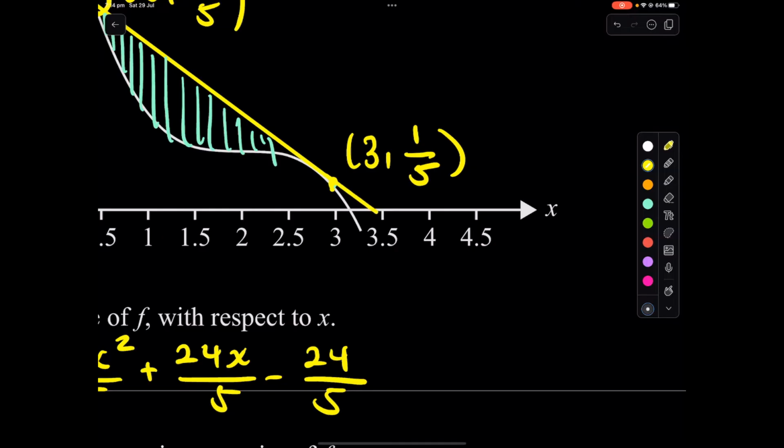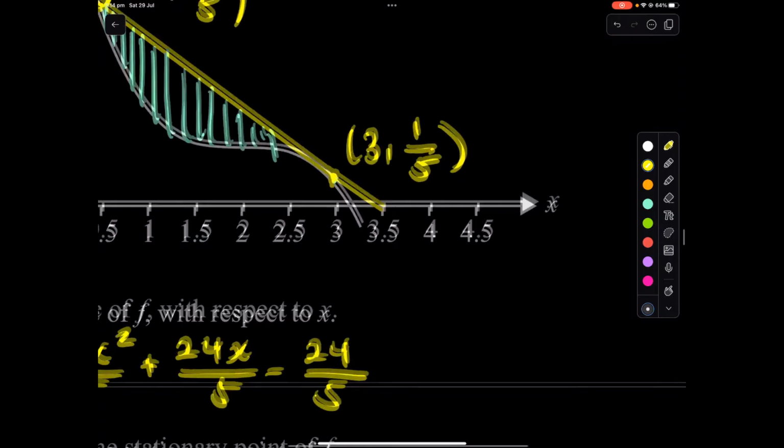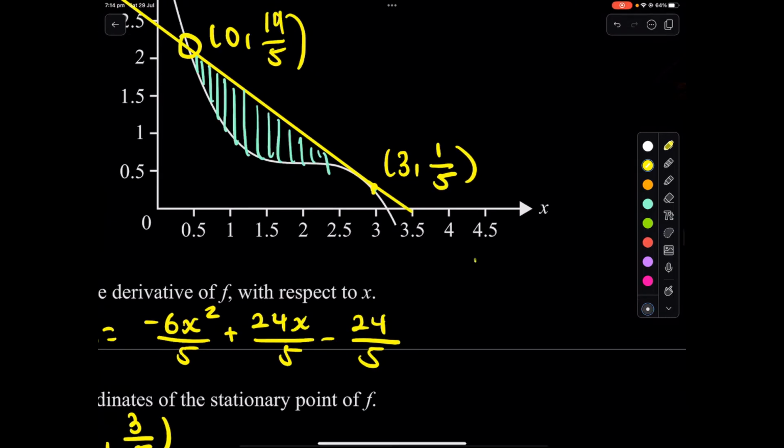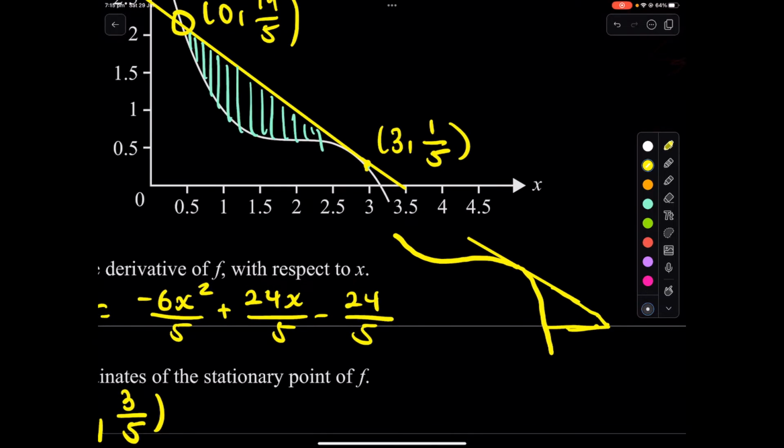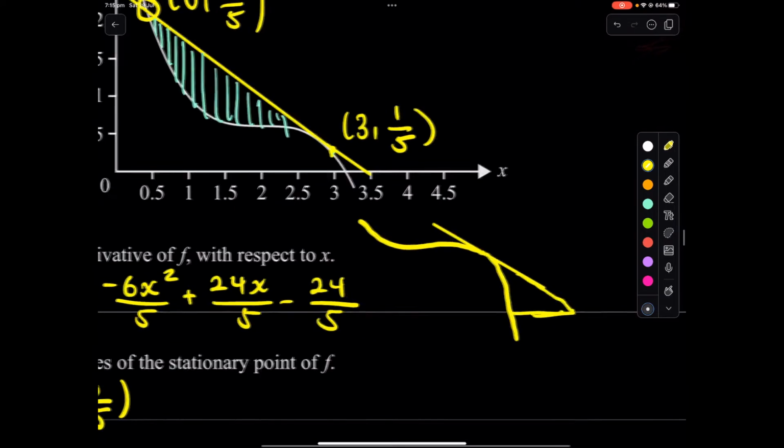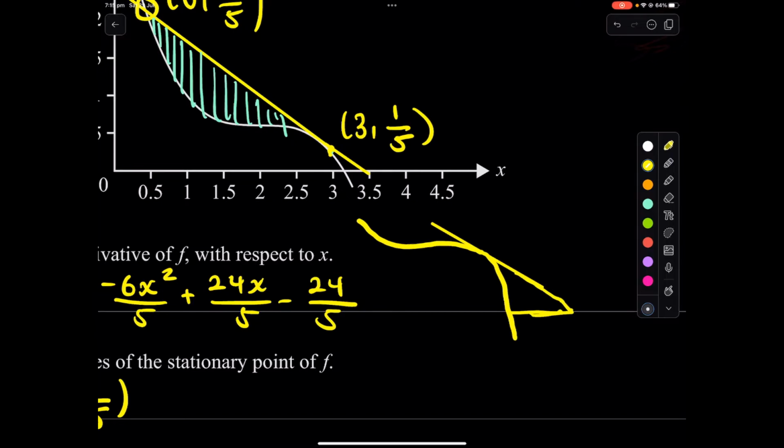Okay, to calculate this area, let me just draw this. This is your straight line, and this is the graph, which goes like that. And then we get this. We want to find the integral from there to there.